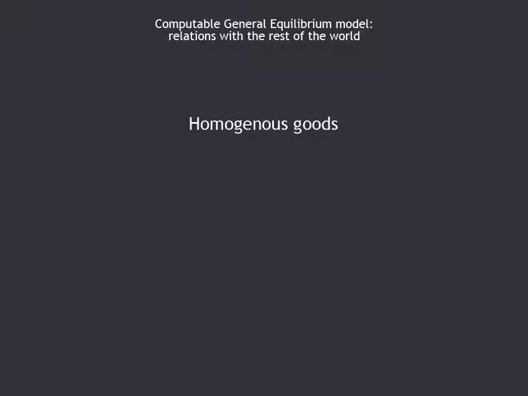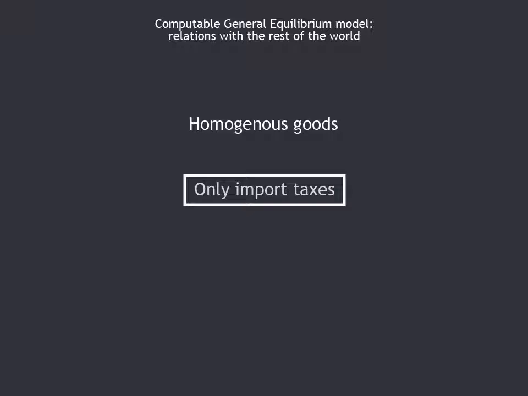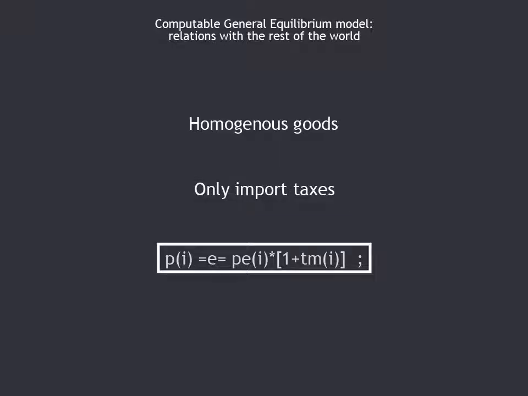Second assumption that also simplifies greatly the model is that we only have import taxes. We don't have export taxes, we don't have import quotas, and so on. This implies that the relation between local prices and foreign prices is very simple.